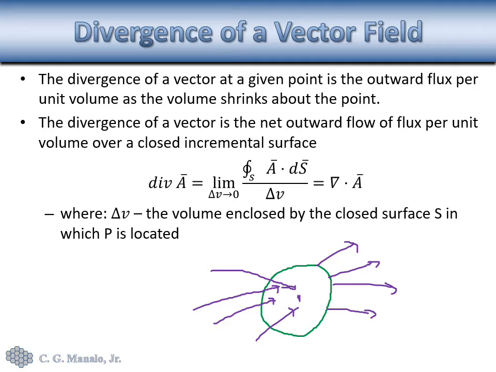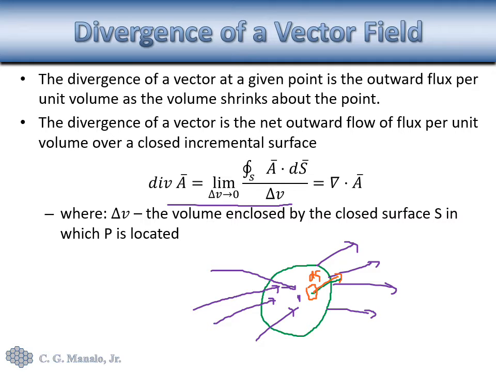Mathematically, it is given by this one, which is the surface integral of the vector field dotted with an incremental surface. For example, we have here a vector, and we have here a small surface, ds.